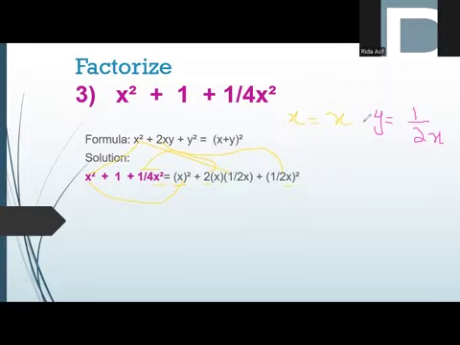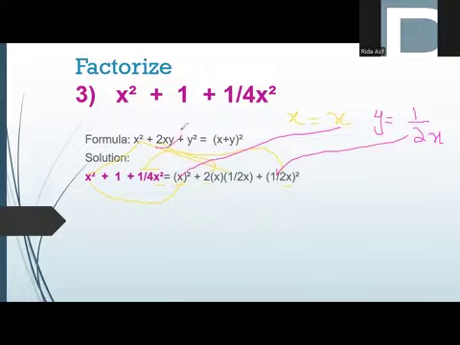Your x is x and your y is 1 upon 2x. So by looking at the formula, just put all the values. Your x is x, last term is y, x square plus 1 upon 2x square.